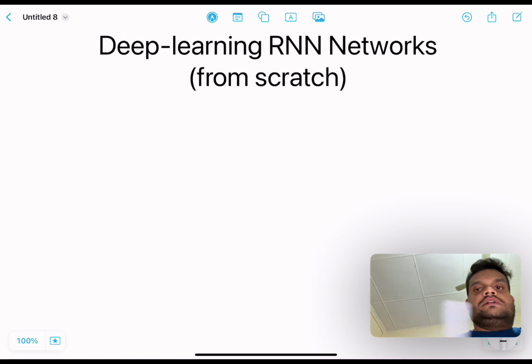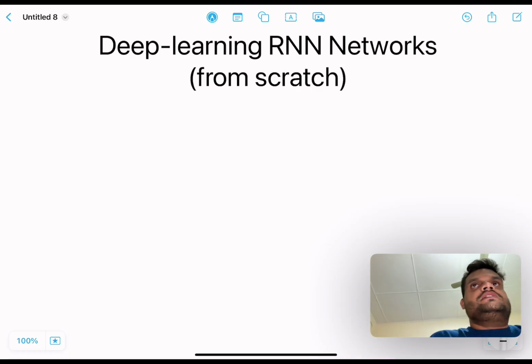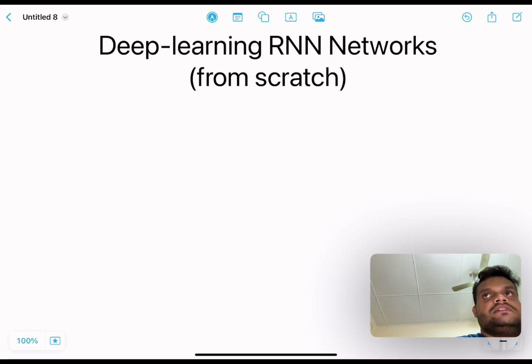So let's see what recurrent neural networks are. A recurrent neural network is a type of neural network that has memory. It doesn't just look at the current input but also remembers what came before to make better predictions. In simple words, in a recurrent neural network, it will not predict something by looking at the current input only.